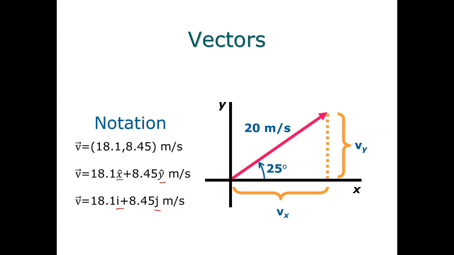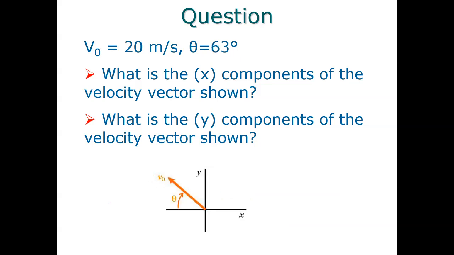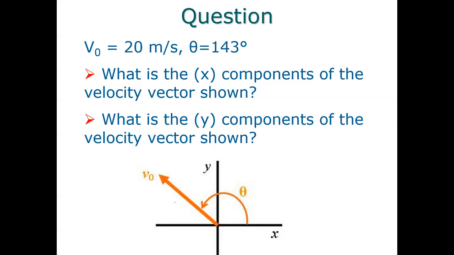It means that the velocity here is 18.1 meters per second in the x direction and 8.45 meters per second in the y direction. Okay, so you have a few problems to do. The main question that I think will cause issues is this one. Notice that the angle you are given is from the negative x-axis, whereas before we've been giving you the angle theta from the positive x-axis.